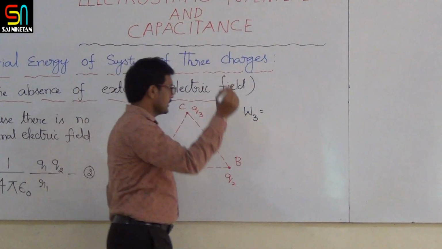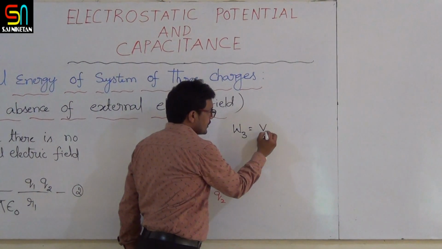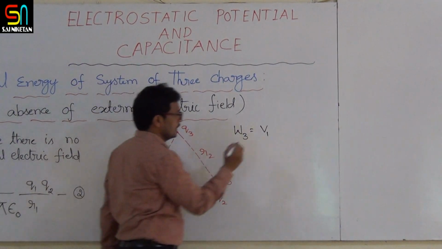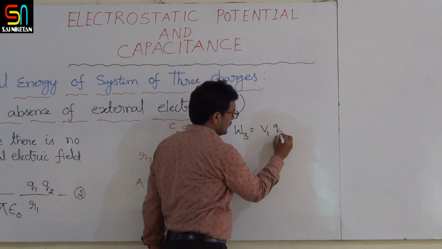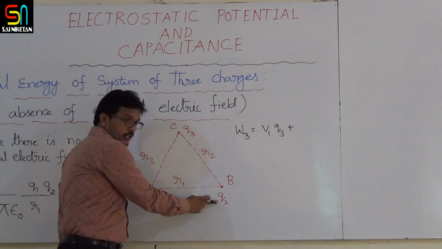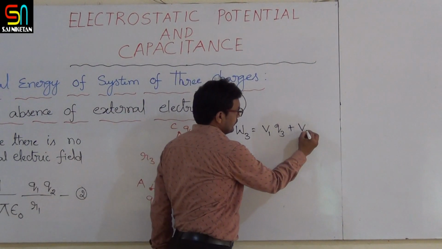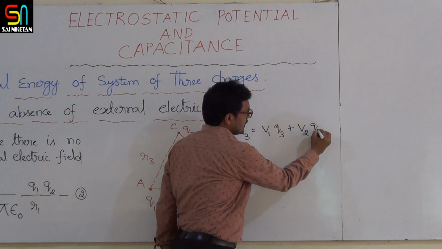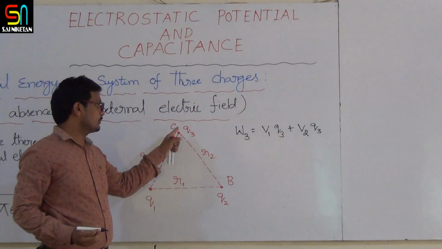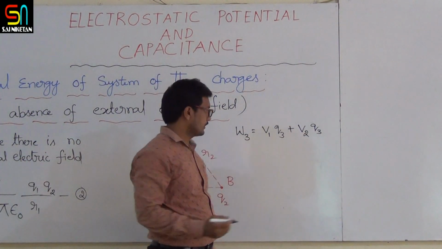So W3 is the potential due to the charge Q1, that is V1, into the charge Q3, V1 Q3, plus again the potential due to the charge Q2, that is V2, into Q3.